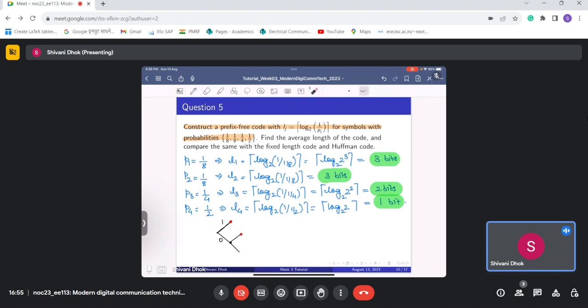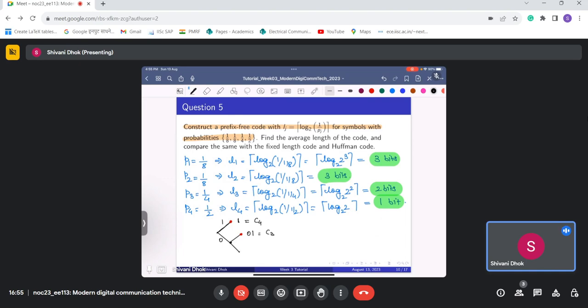So basically the first code word is this. Let me write it as 1, and this is equal to C4. The second code word is 0 1, which is of 2 bits. So this is 0 1, this is C3, and then we have another code words of 3 and 3 bits.